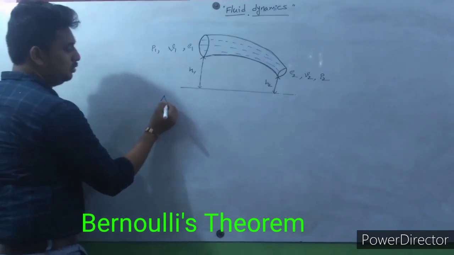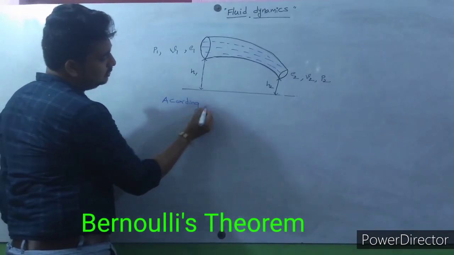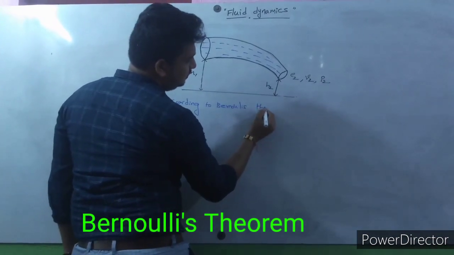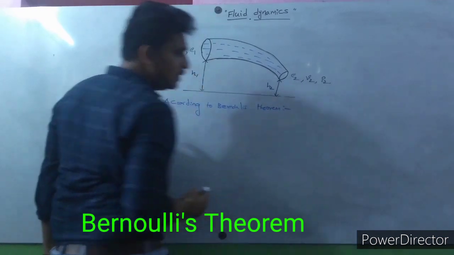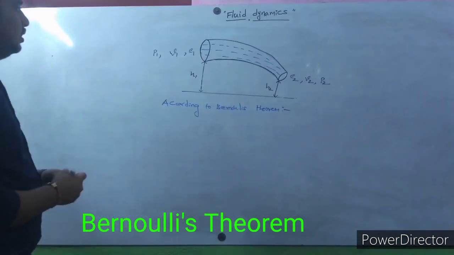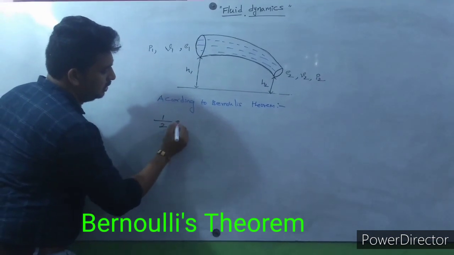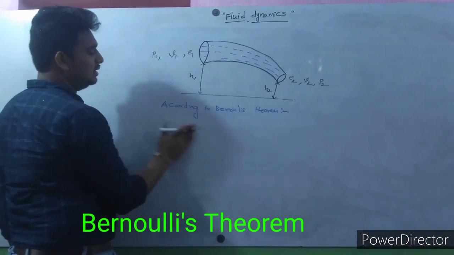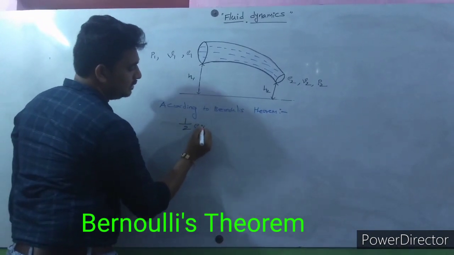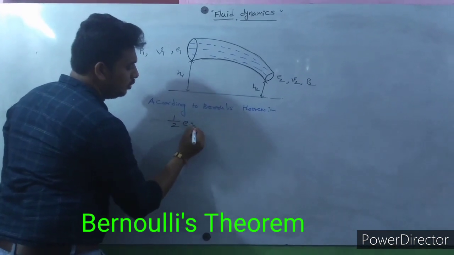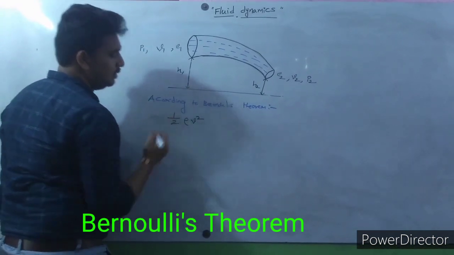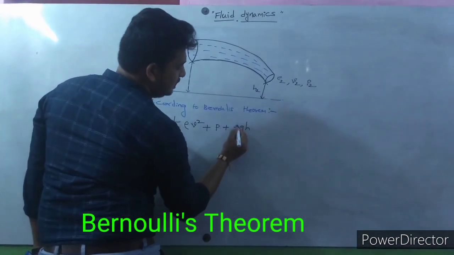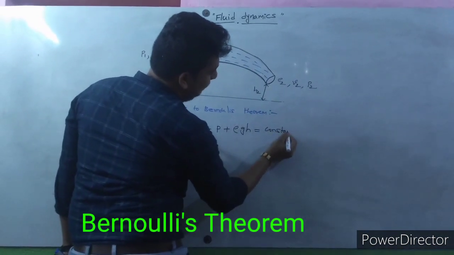According to Bernoulli's theorem, half rho v square plus p plus rho gh is equal to constant.